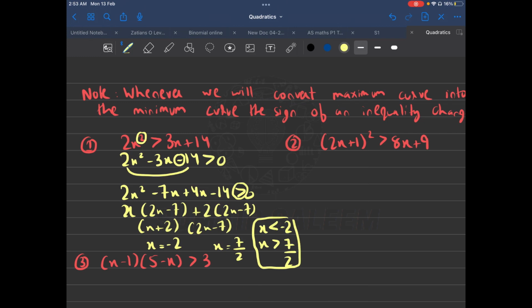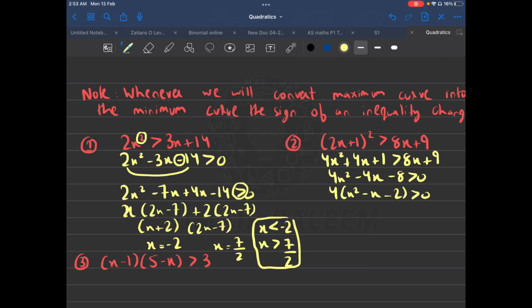So (2x+1) whole squared, let's expand this by identity. 4x squared plus 4x plus 1 greater than 8x plus 9. Let's shift this here. 4x minus 8x is minus 4x. 1 minus 9 makes what? Minus 8. Take 4 common. x squared minus x minus 2. Got this? 4 will be divided on the other side. Now what are the factors of 2? 1 times 2 is 2.